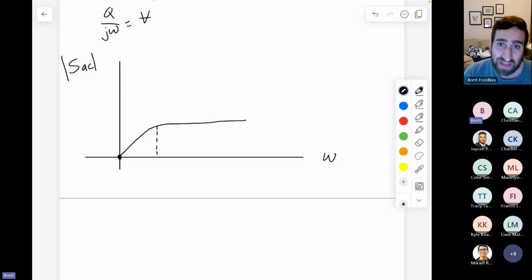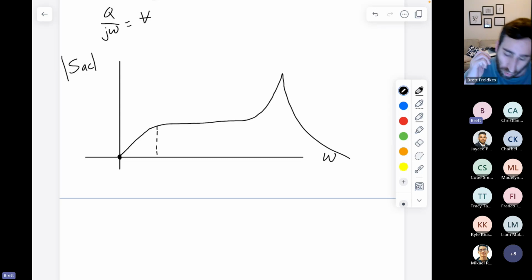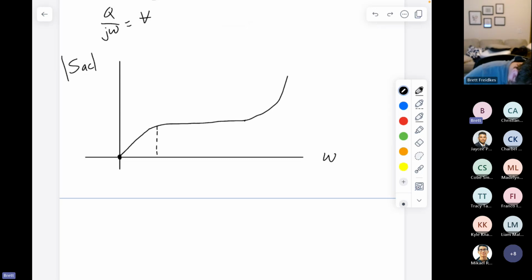But then eventually, as our frequency starts to get too high, we end up achieving what we would expect, which is some resonance, and that eventually it would die off. Something like that. Where the thing that we care about would probably be here. This is our bandwidth in this region.